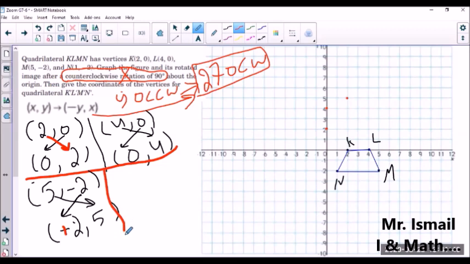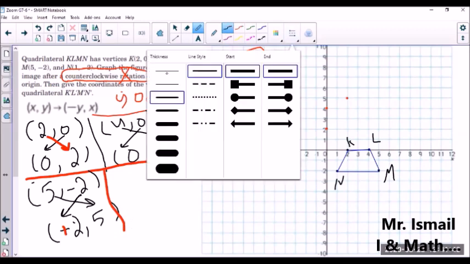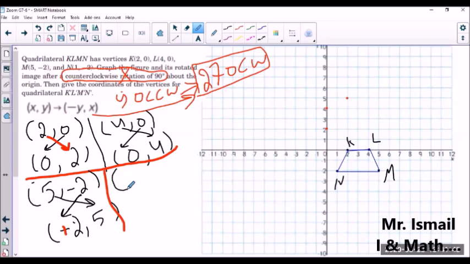Next, 1, -2. Switch them: -2, 1. And you have to multiply y by negative, to be plus 2. So 2, 1.